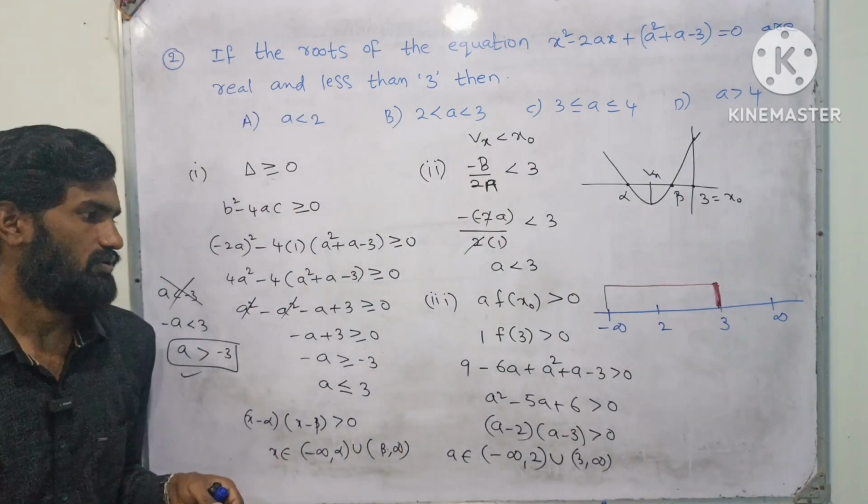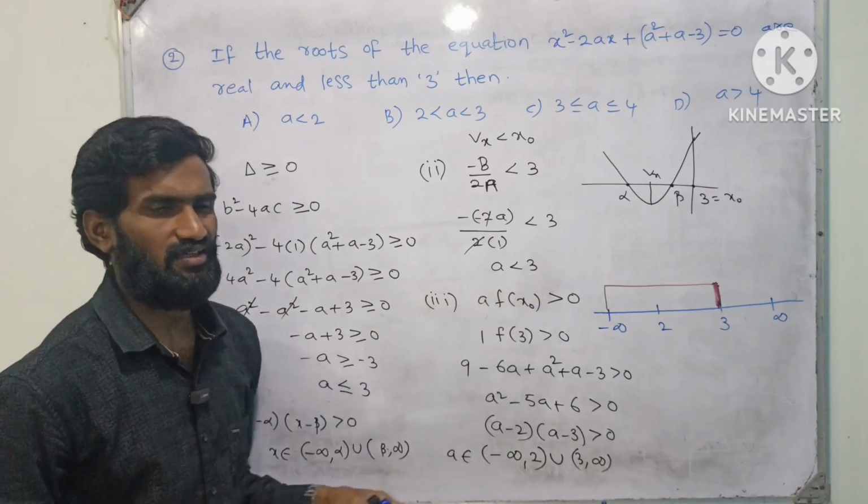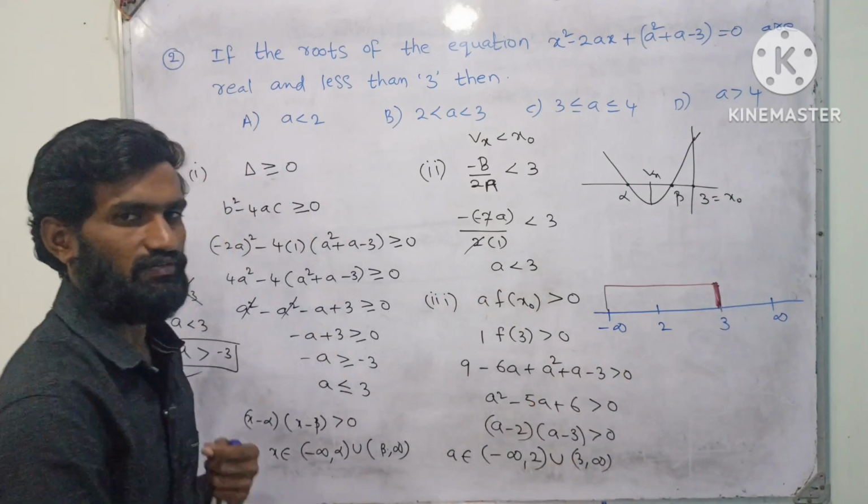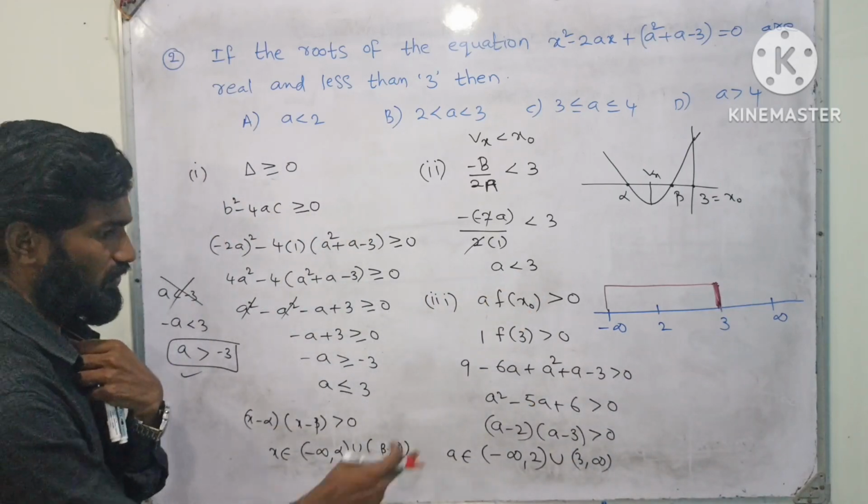Next, what is the second one? a is less than 3, which again gives the same range. Now what is the third one?